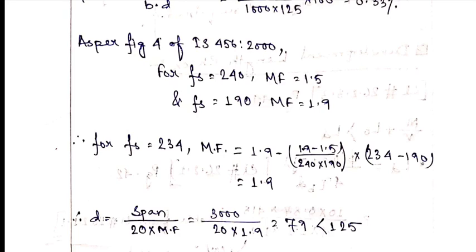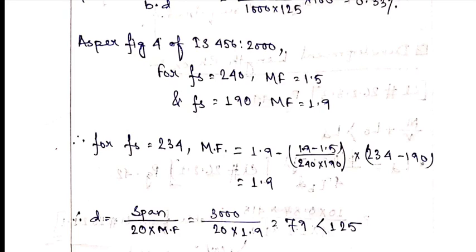Base value as per this clause is 20 for simply supported beam, as we saw earlier in the early stage of this problem when we were considering the depth. So basic value is 20 multiplied by modification factor, whatever we found, that is 1.9. So this is equals to 75.